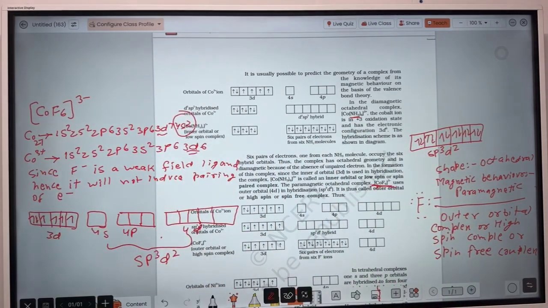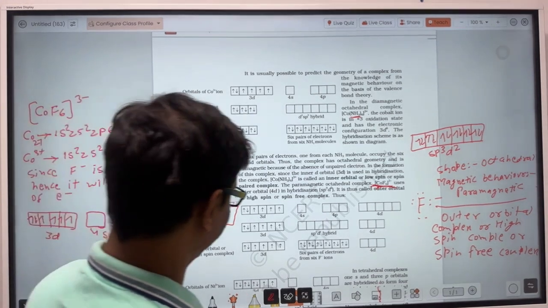Shape of the molecule will be octahedral since outer d orbital has been involved in bond formation. The outer d orbital has been involved in hybridization. That's why will be called outer orbital complex. There is a number of unpaired electron. That's why that will be called high spin complex, or that will be also called spin free complex.